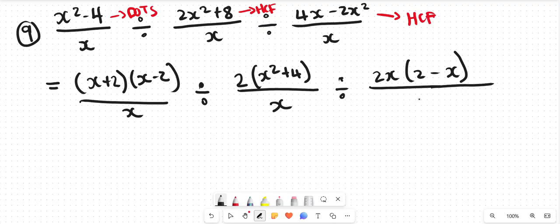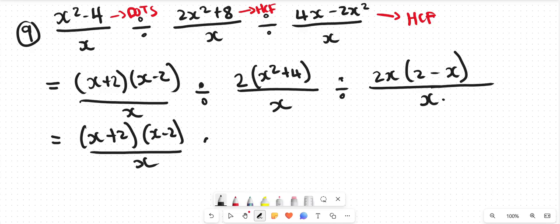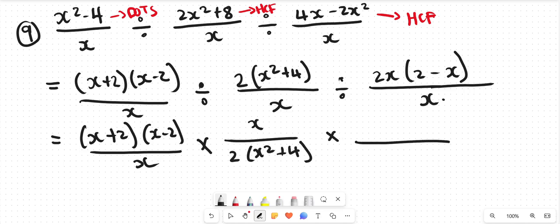And then at the bottom, I'm left with just an x. So I factorized everything that I could there. I'm going to tip and times now. So I'm going to keep this guy. And I'm going to times, then I'm going to tip the second fraction. X squared plus 4 at the bottom. I'm going to times, and I'm going to tip the third fraction.